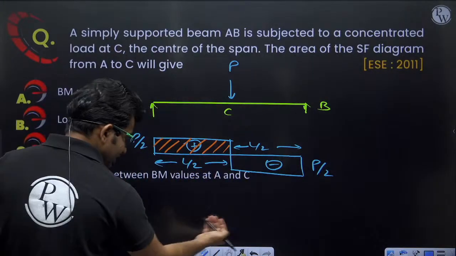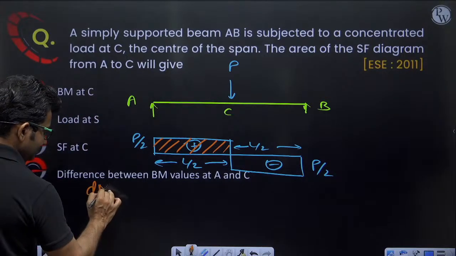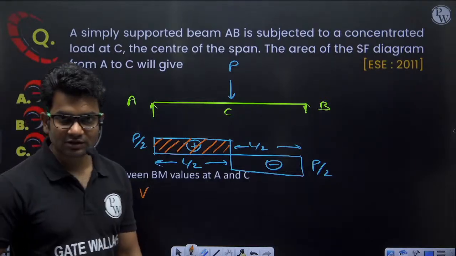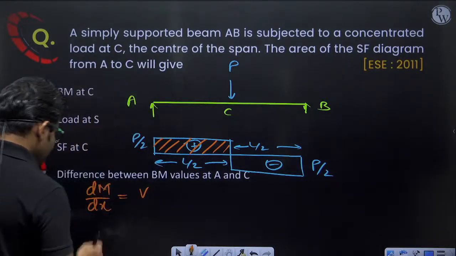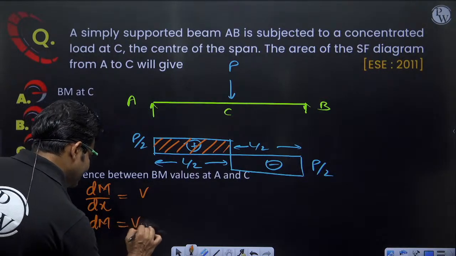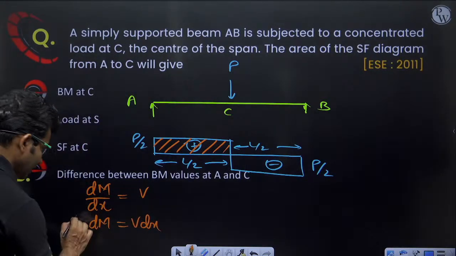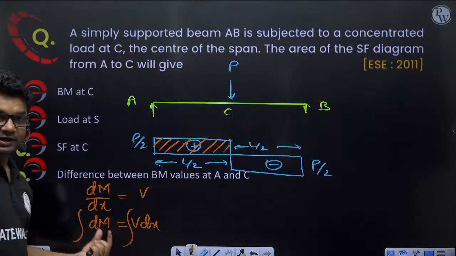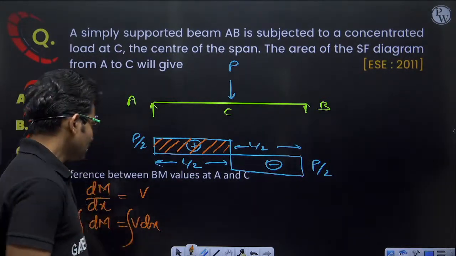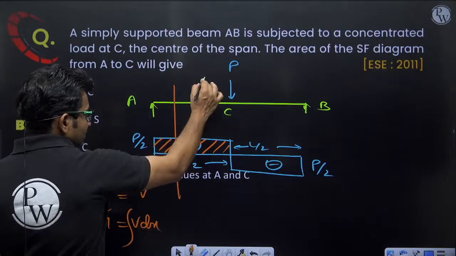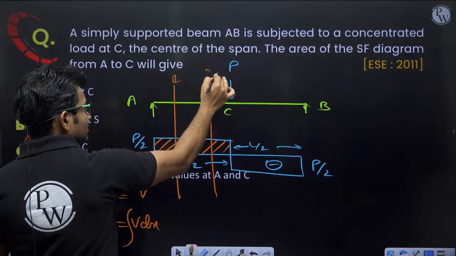I have already told you dM by dx is equal to the shear force at any section. If I take this dx here, dM will be equal to V dx. And I integrate this. Integration of dM will be moment, and I am integrating from section 1 to 2. Let us say this is section 1 and this is section 2.